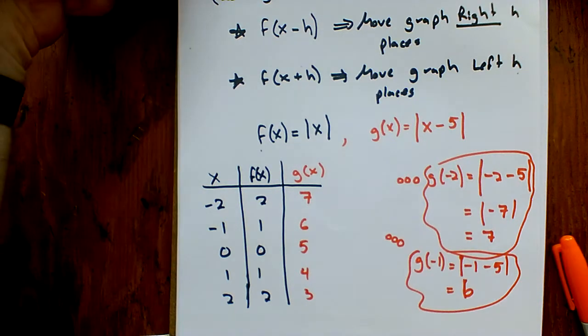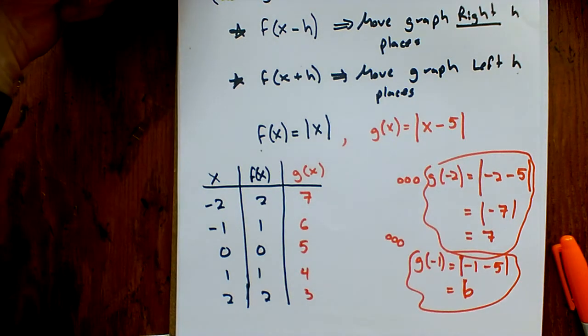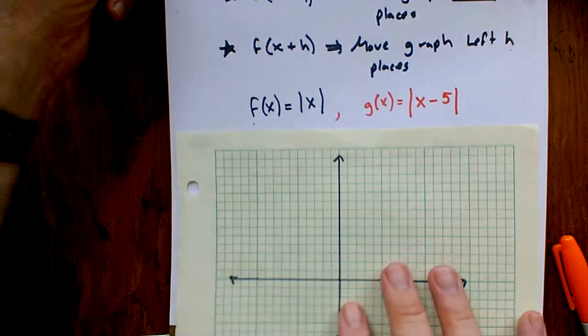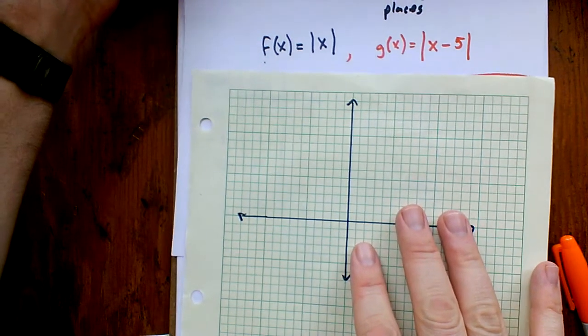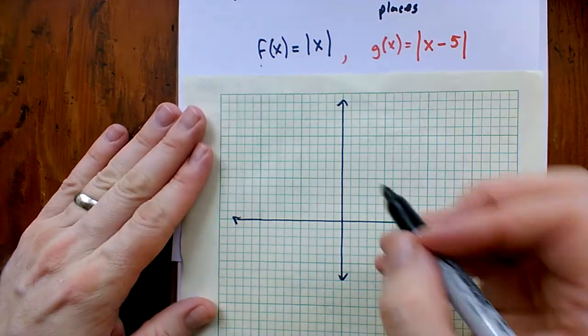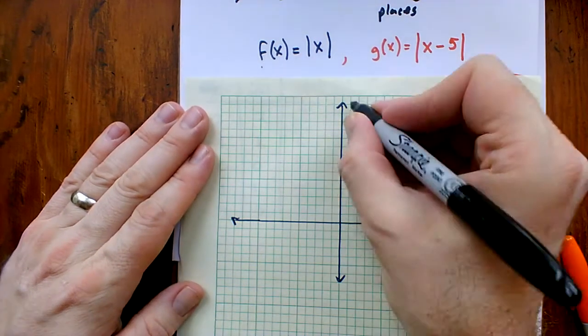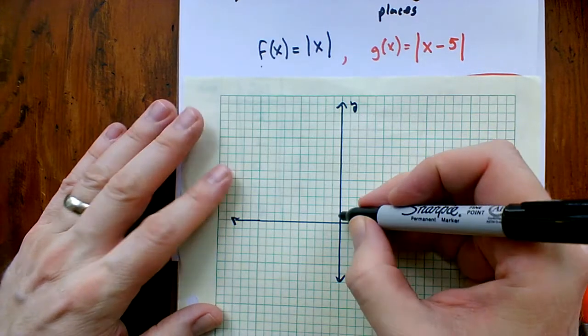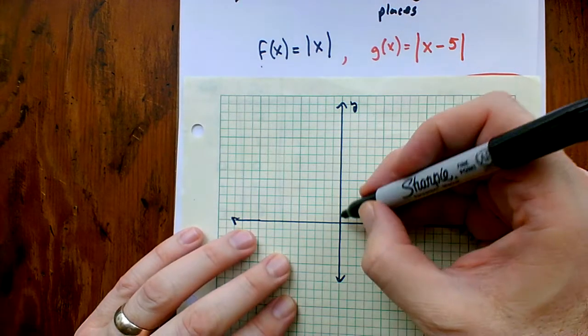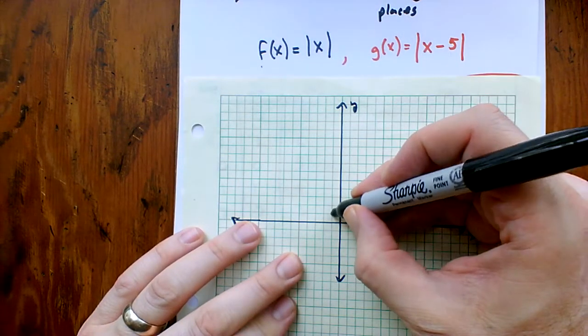Let's show you what this looks like on a graph. So once again, for our absolute value, we've got our x and we've got our y.